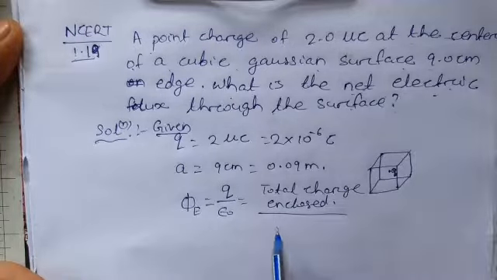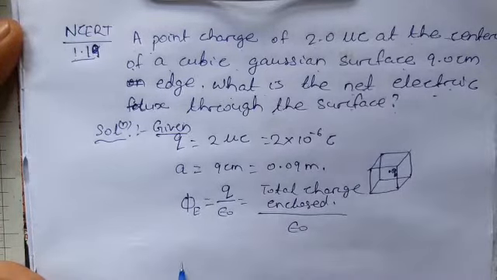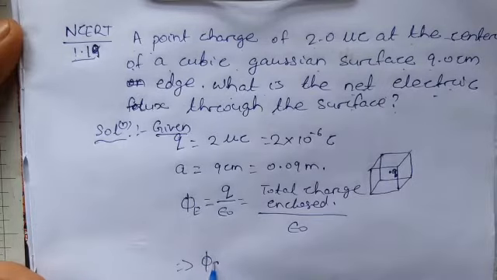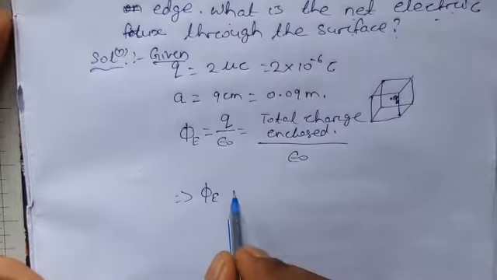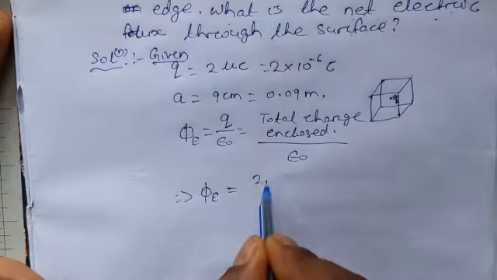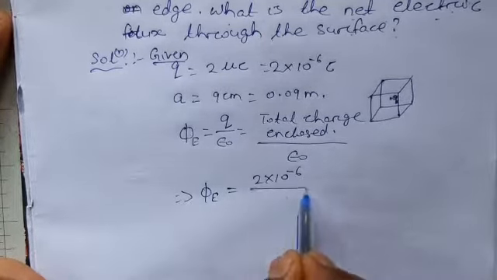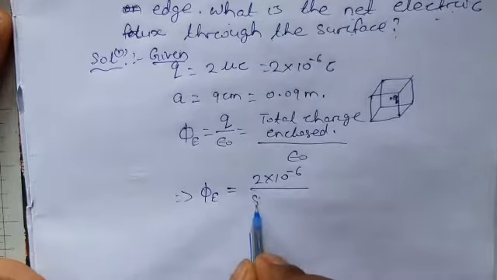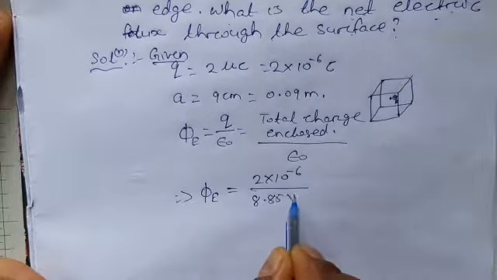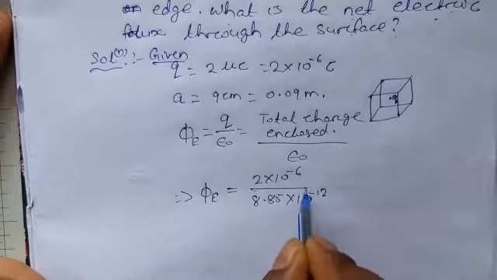That implies phi E is equal to the total charge, 2 into 10 to the power minus 6, divided by the epsilon naught value 8.85 into 10 to the power minus 12.